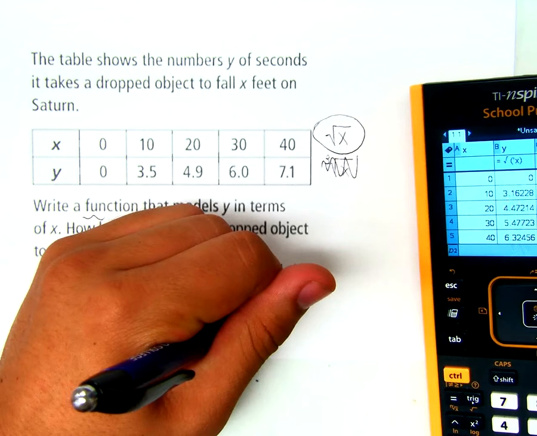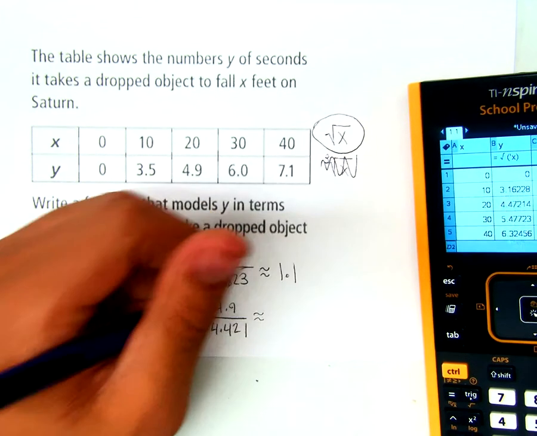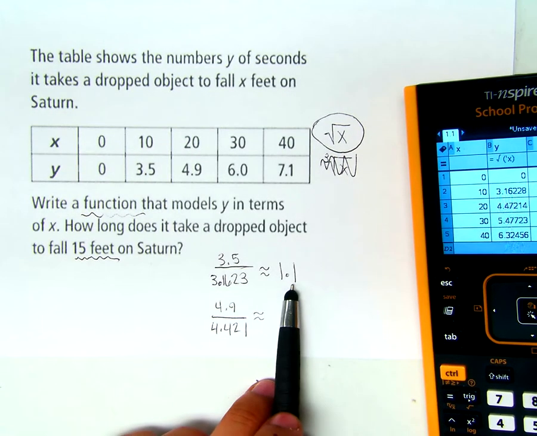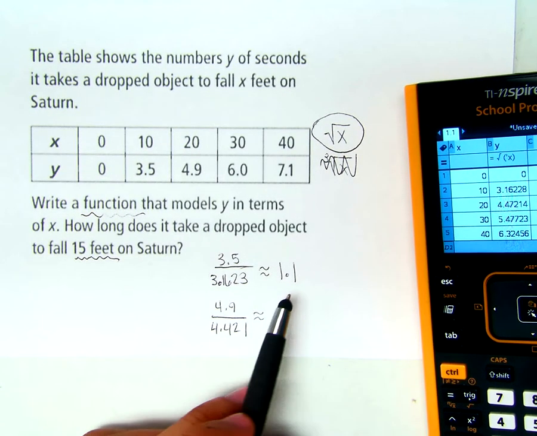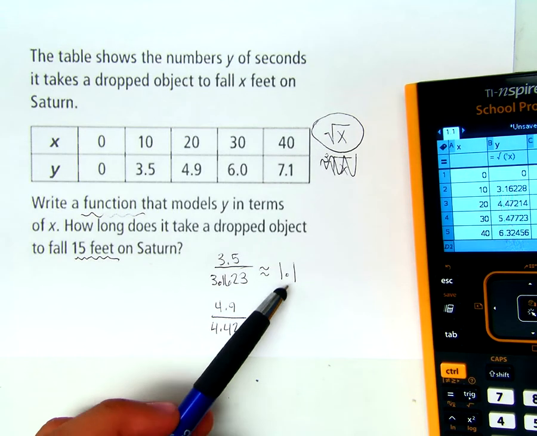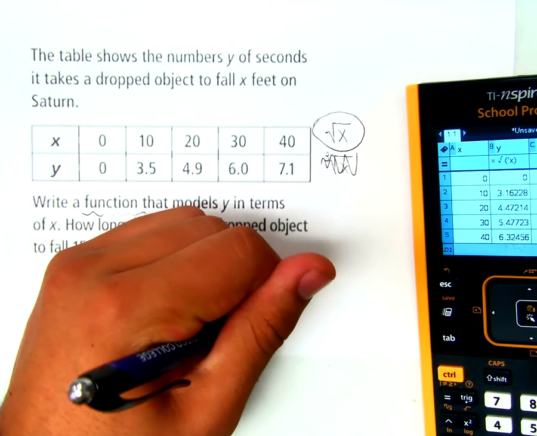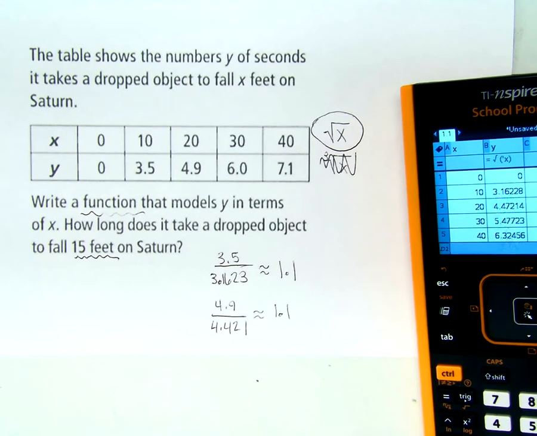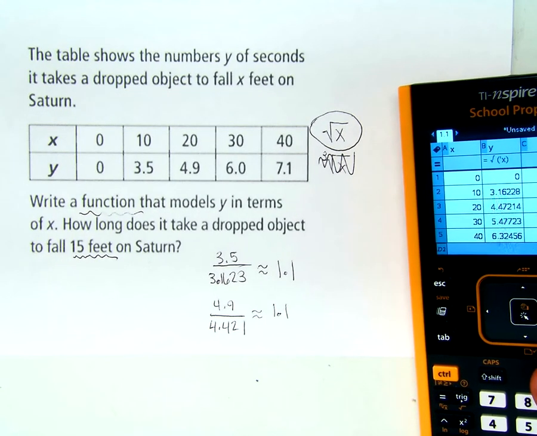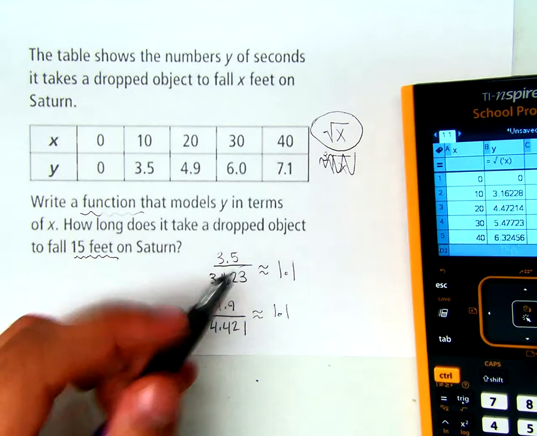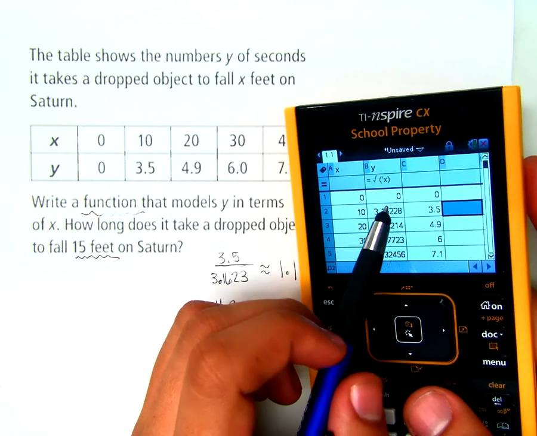Each time, if you round to one decimal place, you will get 1.1.